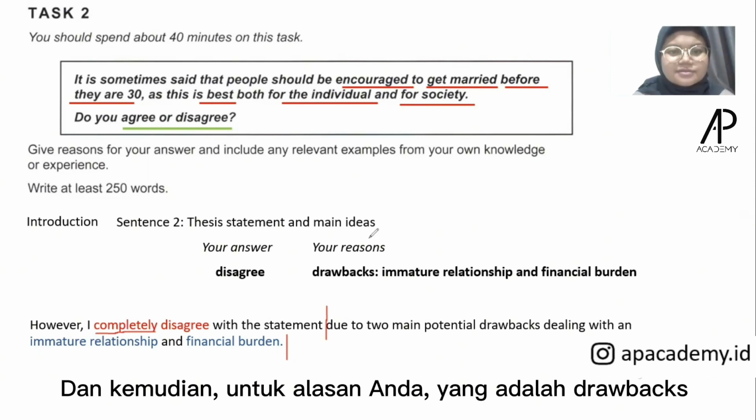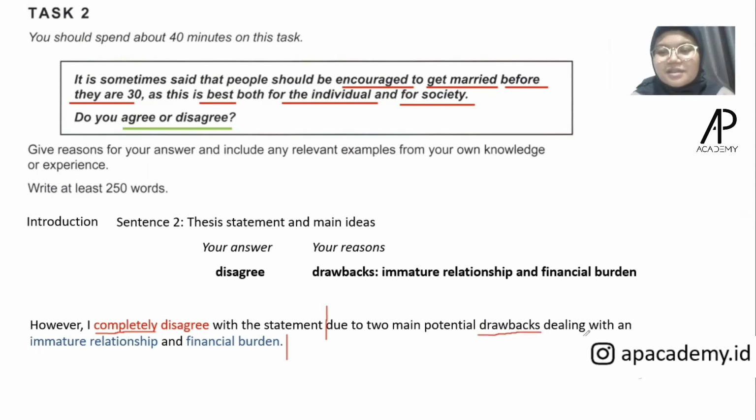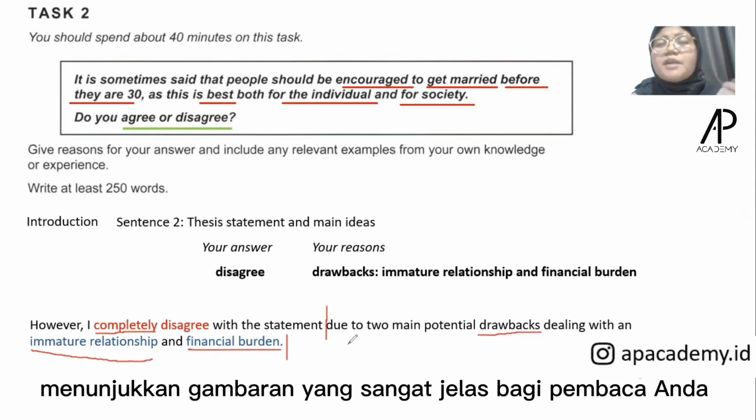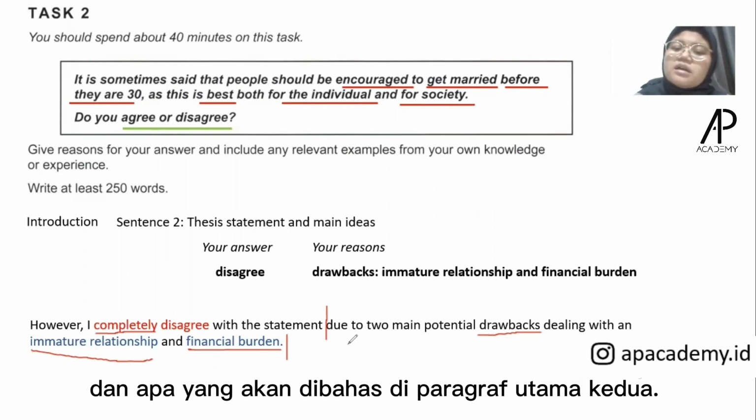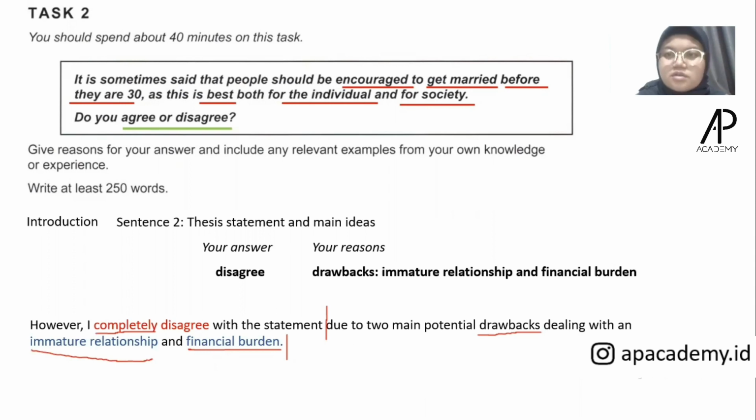And then, your reasons, which are the drawbacks, dealing with an immature relationship and financial burden, show a very clear picture for your readers for them to predict what main body paragraph 1 is about and what main body paragraph 2 is about.